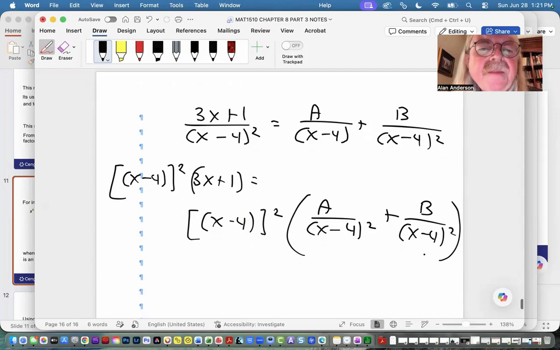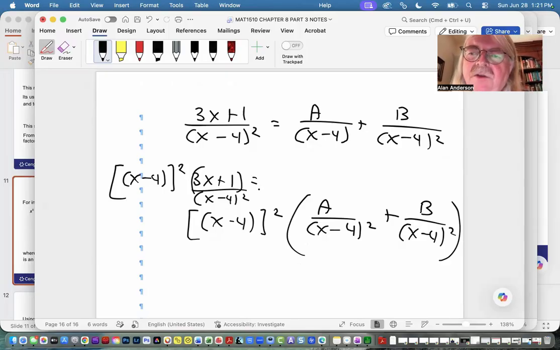All right. And I just realized I left this off. All right. Anyway, the whole idea here is that you're going to multiply both sides by whatever it takes to eliminate the denominator on the left. Okay. So in other words, we did this on purpose to make sure the left-hand side reduces to 3x plus 1. Okay.